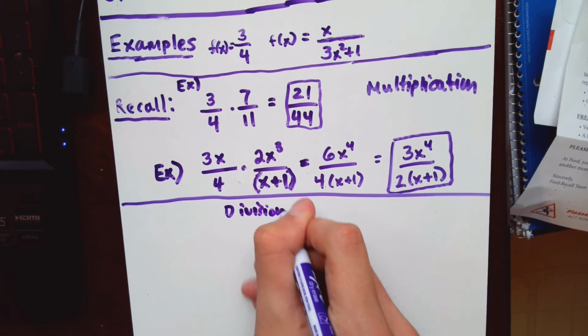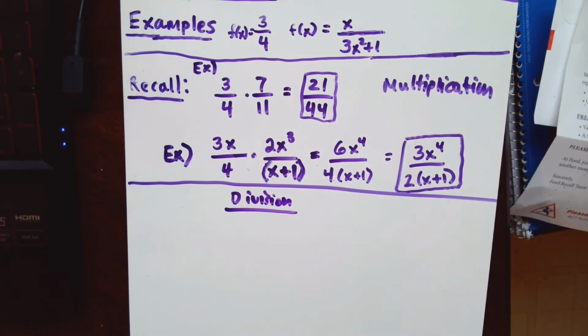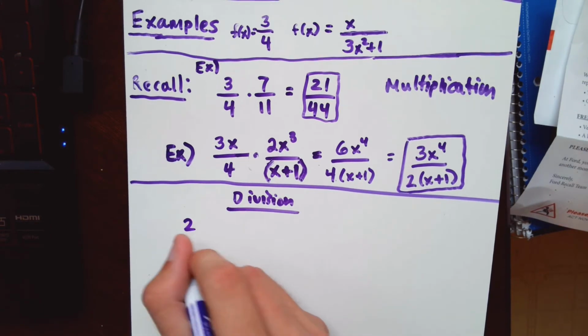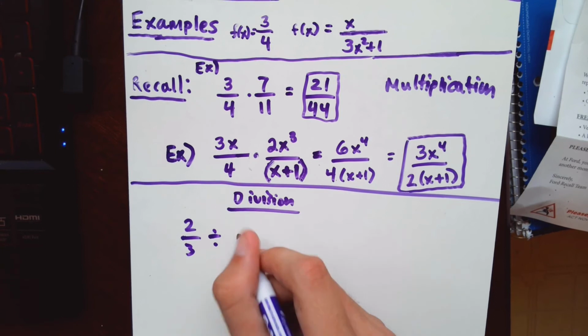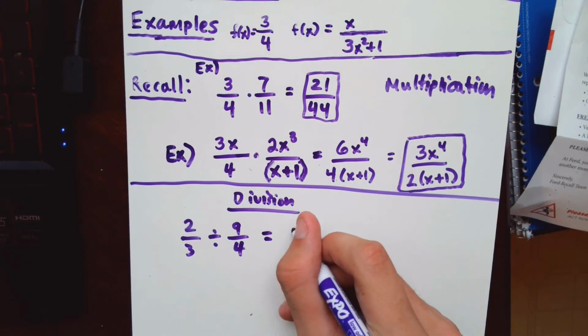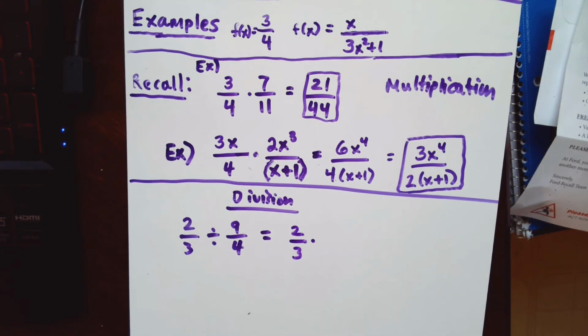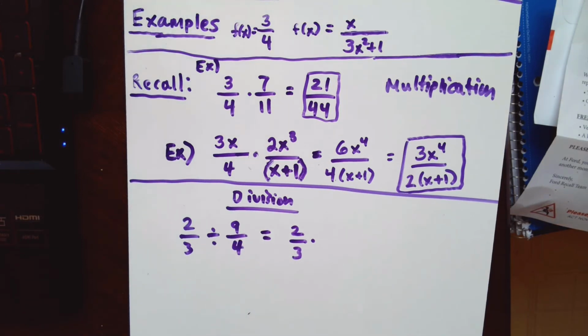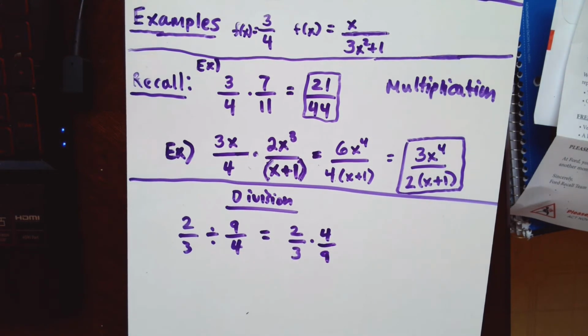Let's suppose we have 2/3 divided by 9/4. Remember, every division problem can be viewed as a multiplication problem. This is the same thing as 2/3 times the reciprocal of 9/4. The reciprocal just flips what we have, so it becomes 4 over 9.